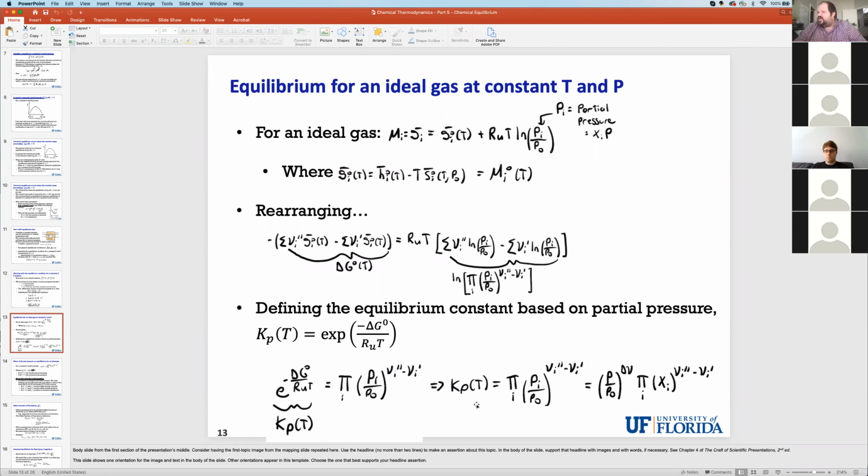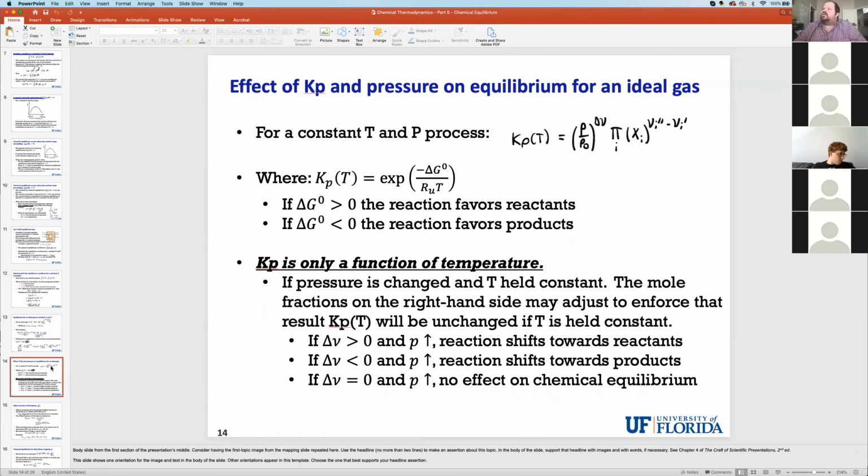When you deal with real gases, which we're going to get to pretty quick, that is not really a practical way to do it anymore. Okay, but I will discuss the effects of Kp and pressure on equilibrium for an ideal gas because a lot of these trends do hold for a real gas.